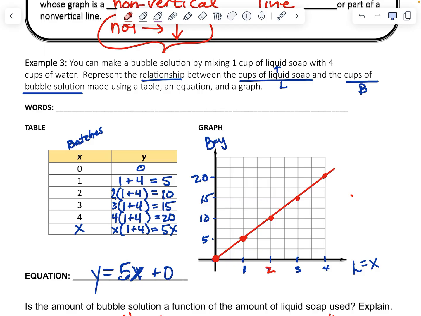I started to do a pattern here of what's going on, but I think you could really say that the bubble solution is 5 times the cups of, we're just going to say liquid soap.